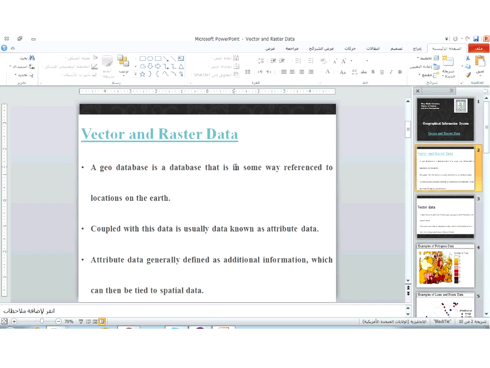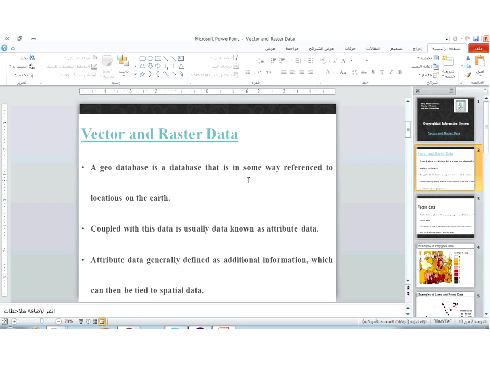A geographical database is different from the traditional database, which contains only information. A geographical database is a database that in some way references a location on the earth.